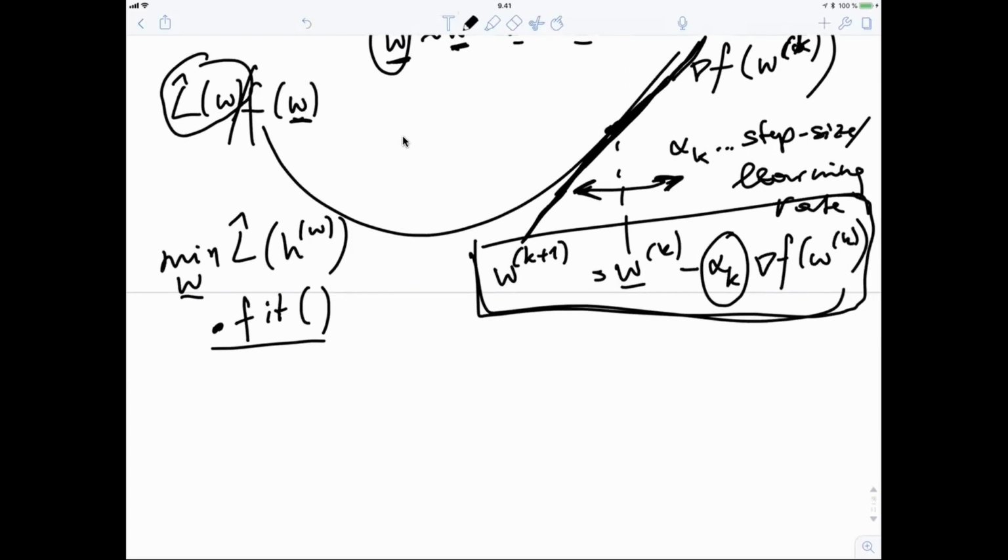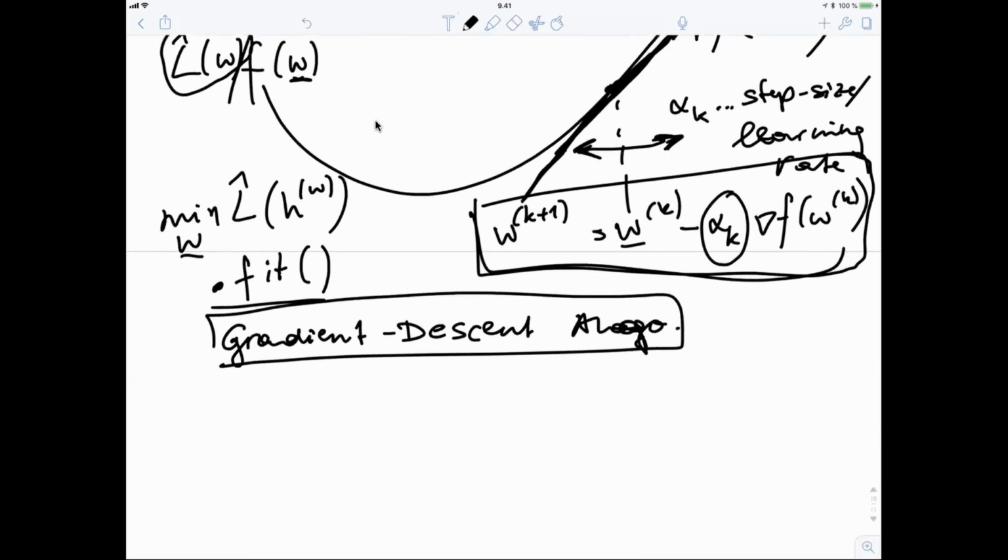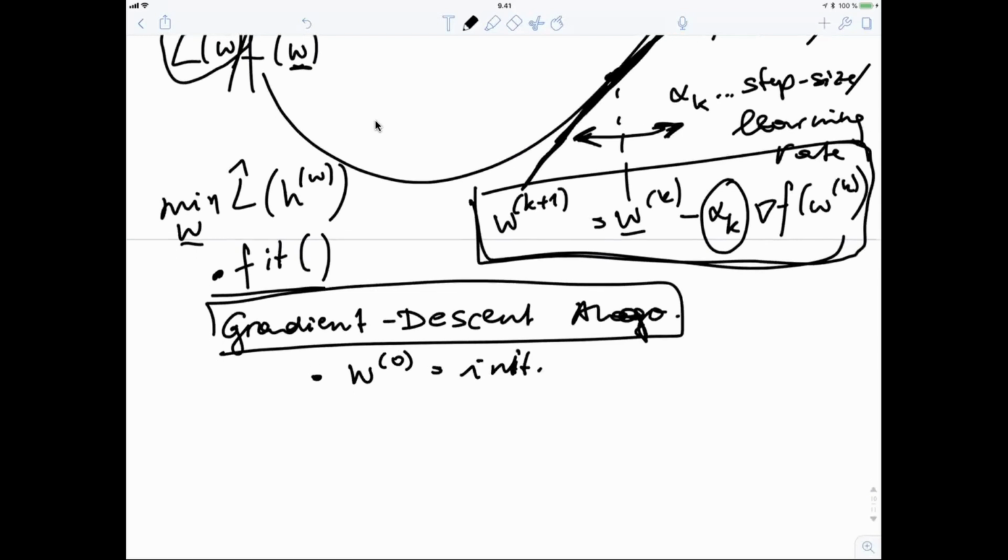Okay, so there are two parameters here then for gradient descent, or let's say three hyperparameters. If we want to write down a basic gradient descent algorithm, then we need to be more precise in the formulation of this whole procedure. So we need to start with an initial guess. We need to somehow initialize the weight vectors.